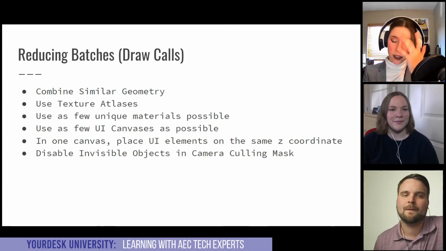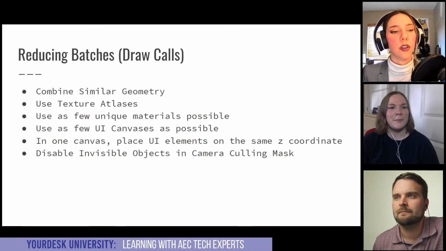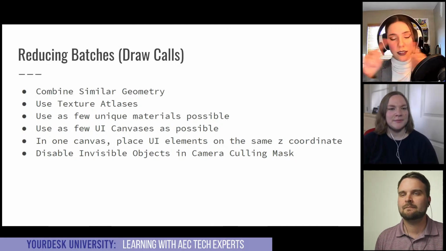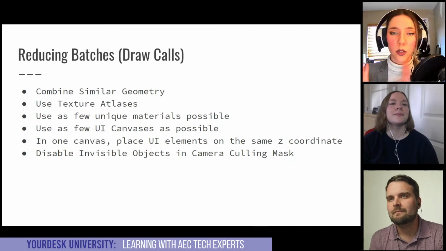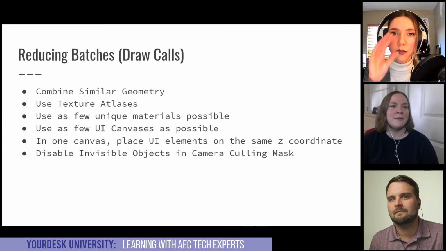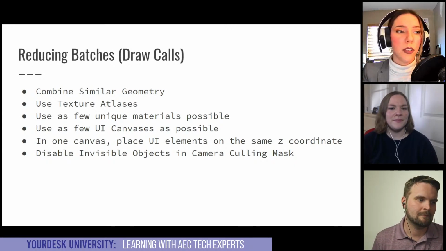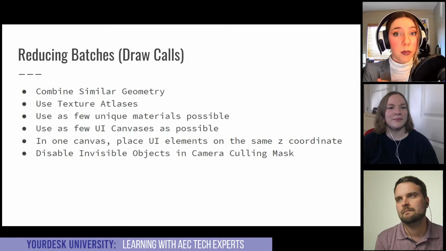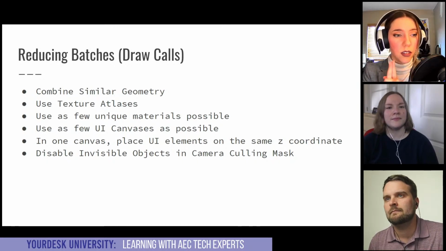Using texture atlases. You may have seen in games or funny character model stuff, when everything looks the same and it has everything on one sheet, that is making sure that all the textures can be on one image. So it just knows where to grab on that image to render that thing. Reducing the number of total materials is great.